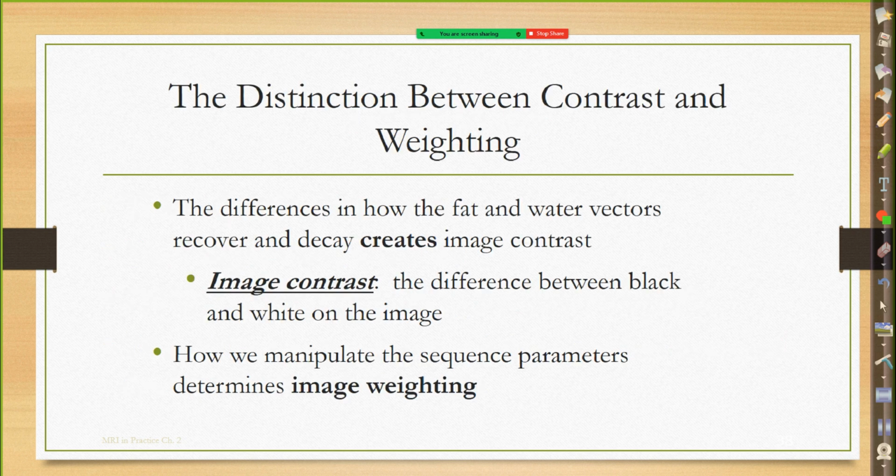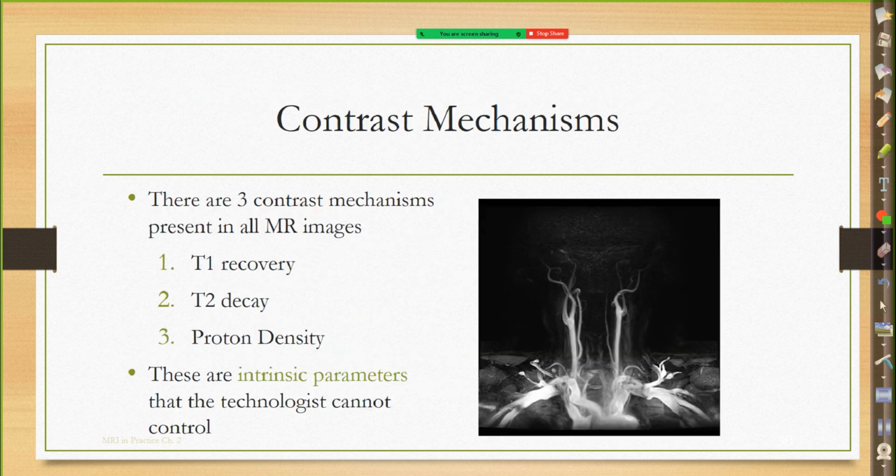Okay. By this point, you should know the difference between image contrast and image weighting. But what's cool is that T1 recovery, T2 decay, and proton density are in every image.